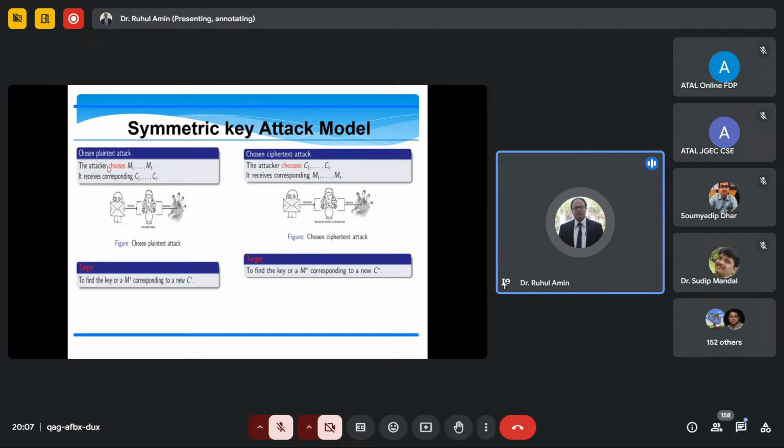But what is our goal, our motivation, our objective? Our objective is to design the protocol, the algorithm, or the key size in such a way that the attacker cannot get that key and cannot break the security system.